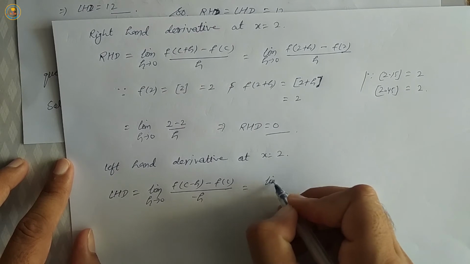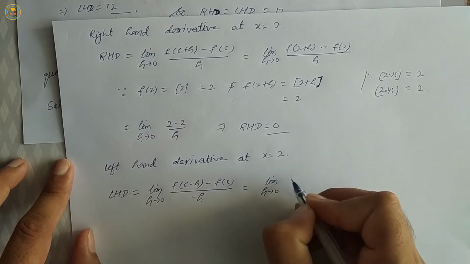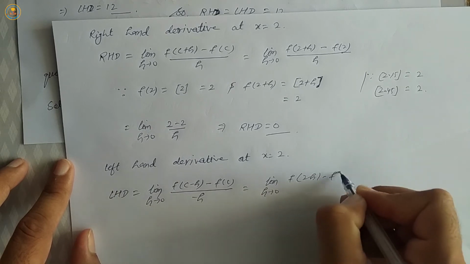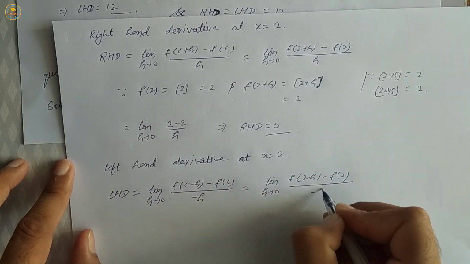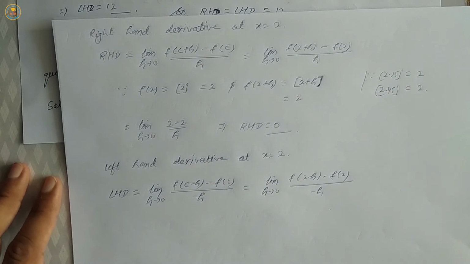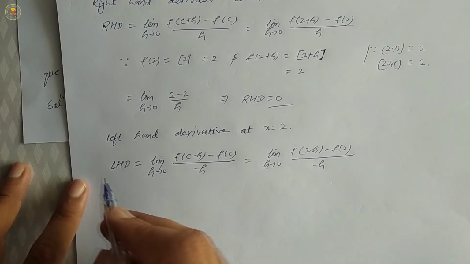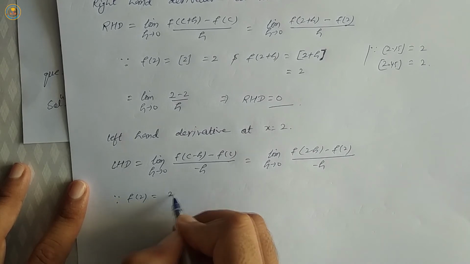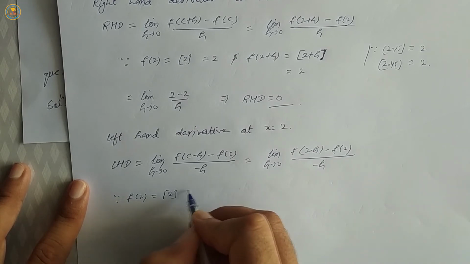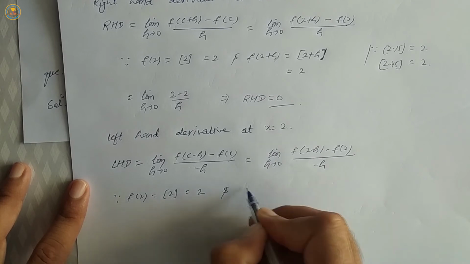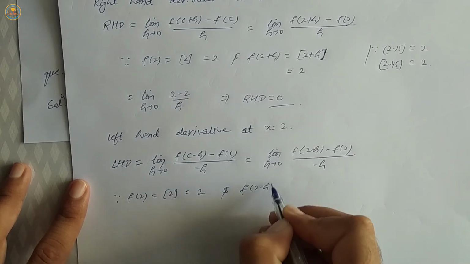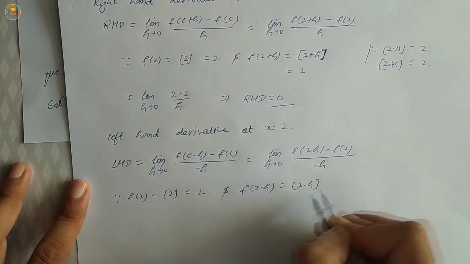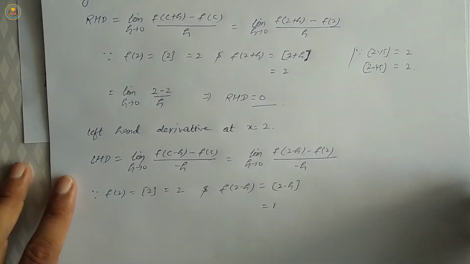It means limit h tends to 0 of f(2 - h) minus f(2) by minus h. Because f(2) is the greatest integer of 2, which is equal to 2, and f(2 - h) is the greatest integer of 2 - h, which is equal to 1.